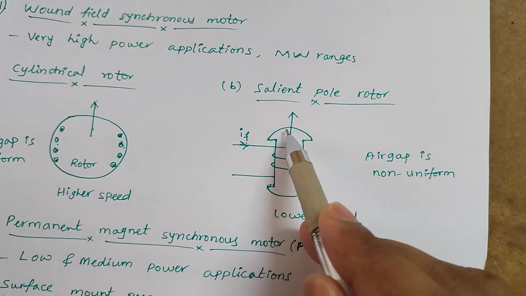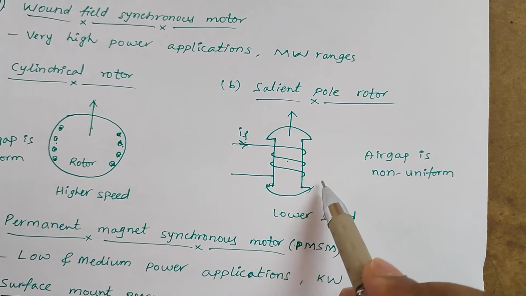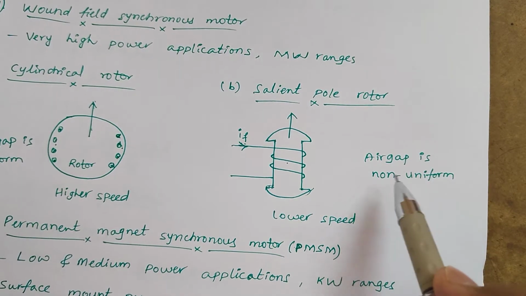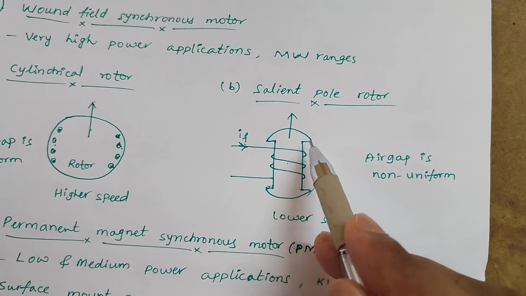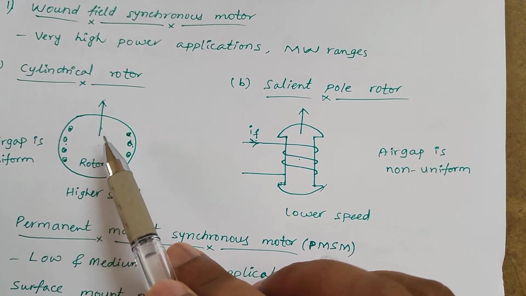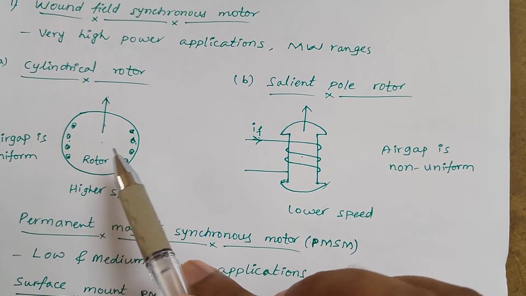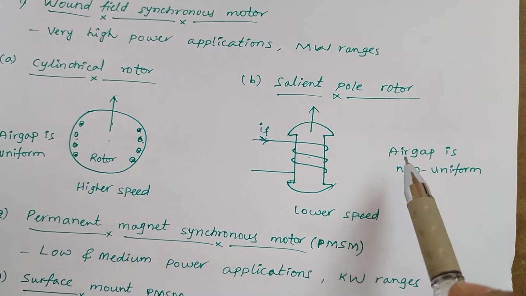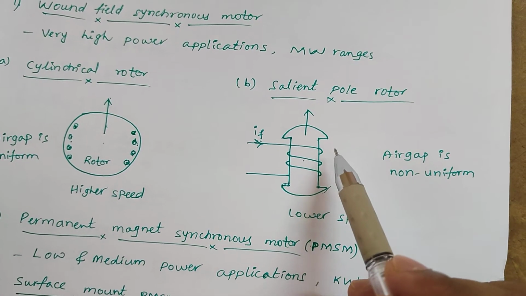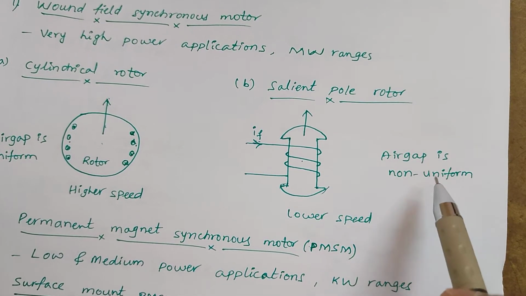As this is not a uniform cylindrical rotor, the air gap is also not uniform. In the cylindrical rotor the rotor is uniform, that's why the air gap is uniform. But in the salient pole rotor, the rotor is non uniform, that's why the air gap is also non uniform.